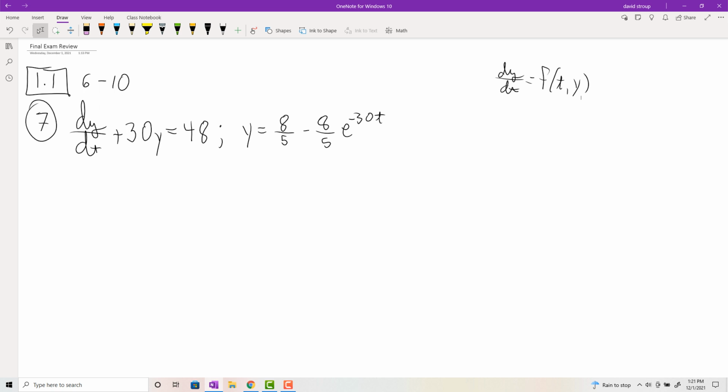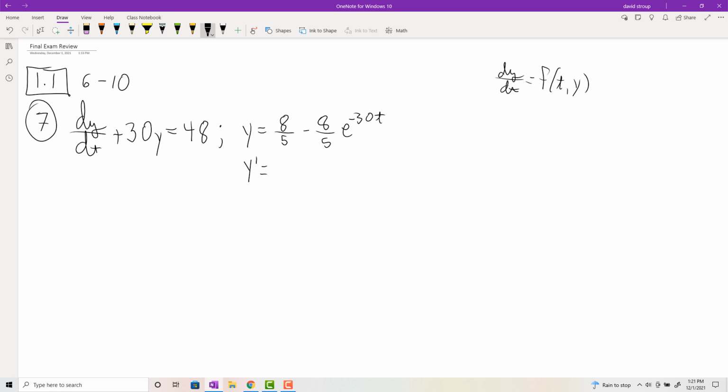Okay, so anyways, here we are, 1.1, differential equation, potential solution. I've got to find the interval on which this thing will work. The way I want you to do it is left-hand side, right-hand side. You're going to need the derivative to get this to work, so you might as well get the derivative as well.